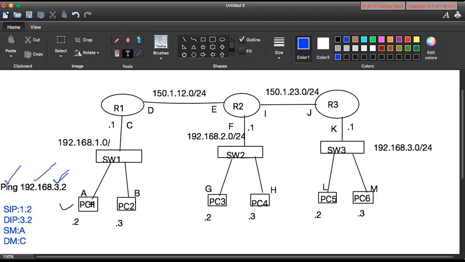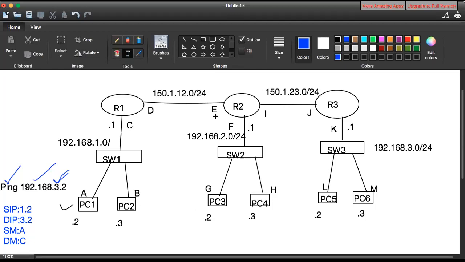Here, just remember one thing: an ARP request never crosses the network. The ARP request resides within a network. ARP request works within a network.